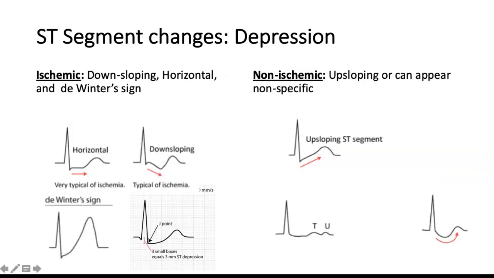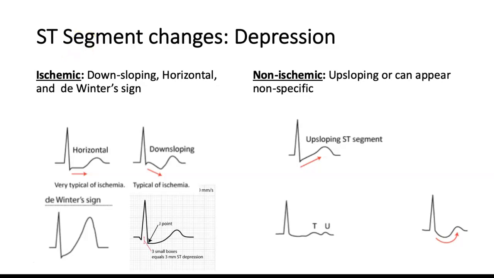ST segment depression may be a result of ischemic and non-ischemic etiologies. On the left, we see downsloping, horizontal, and De Winter sign morphology.